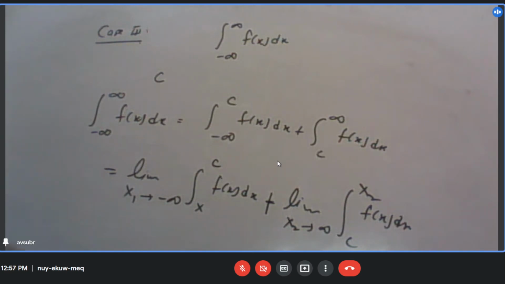The condition is that this should exist. So this is what we are now going to see, an example of this one we are going to check out.